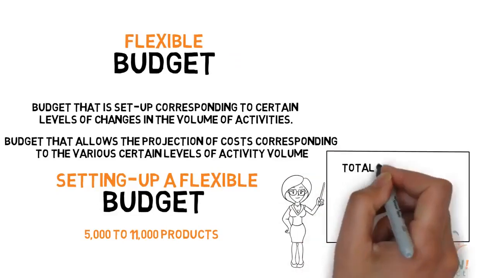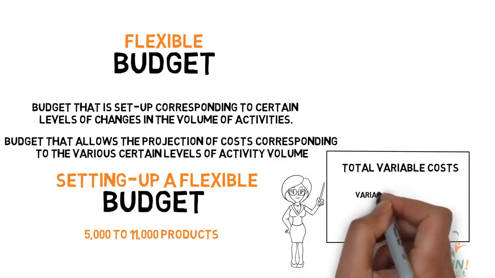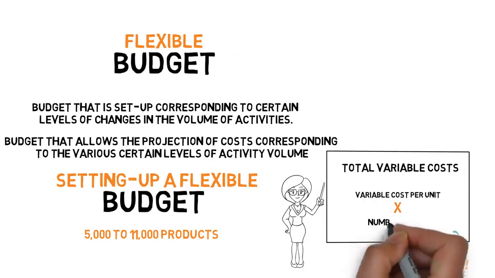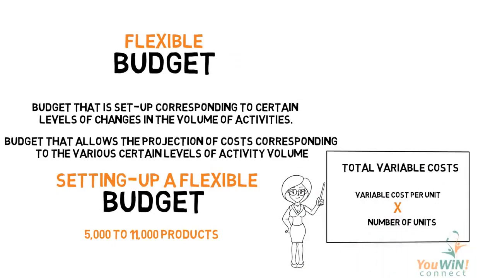In order to arrive at the total variable cost, we multiply the variable cost per unit by the number of units at different activity levels, while the total fixed cost remains unchanged in the range of 5,000 to 11,000 products. By developing a flexible budget, you are comparing likes with likes.